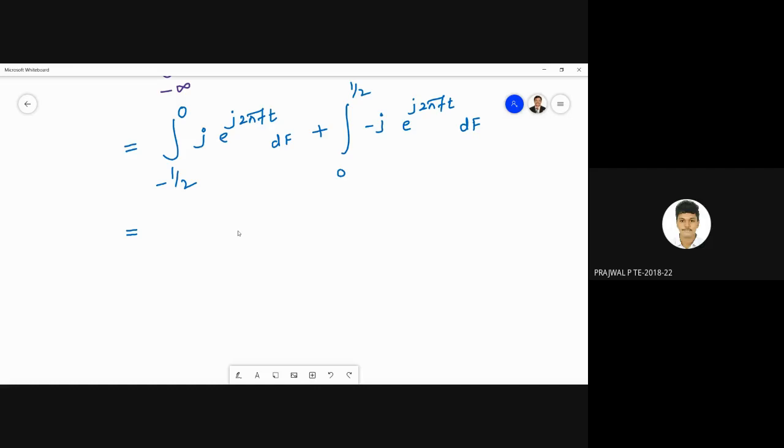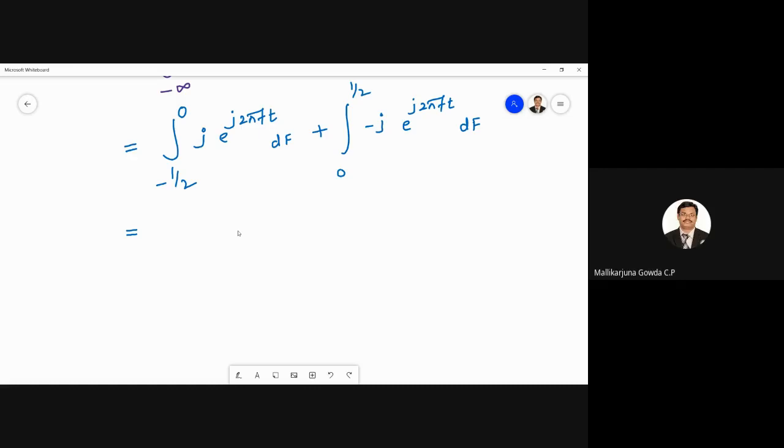Sir, the whole term will be a constant, because there is nothing with respect to f. No, it is there: e power j 2 pi f t into df. How will it be a constant? You have written small f there, sir.